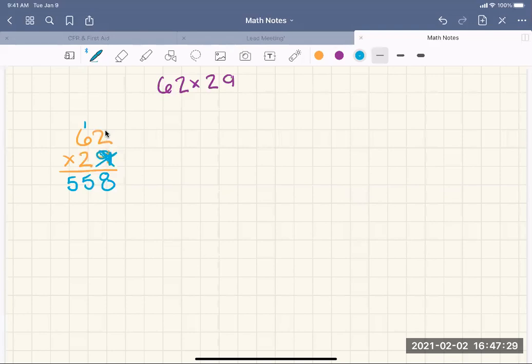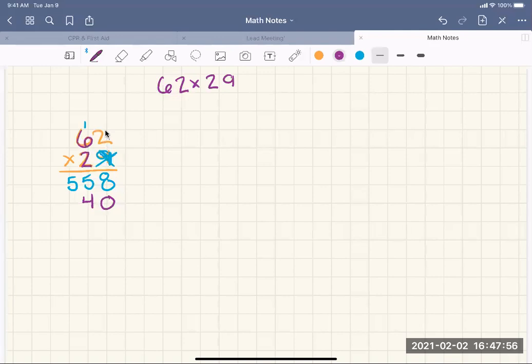Okay, the next step is to do 2 tens times 2 ones. Well, if I did 2 tens times 2 ones, that's going to leave me with 4 tens. So my 4 has to go into the tens place. I also know that 4 tens is equal to 40. Okay, then I'm going to cover 2 tens times 6 tens.